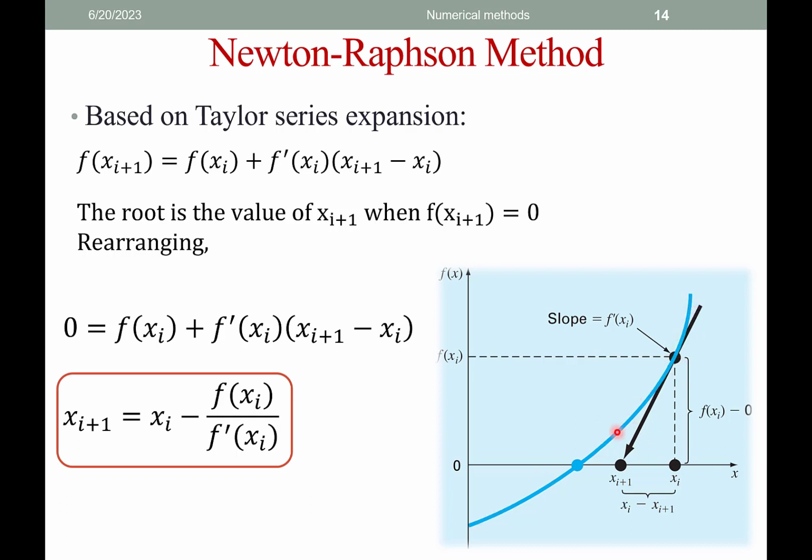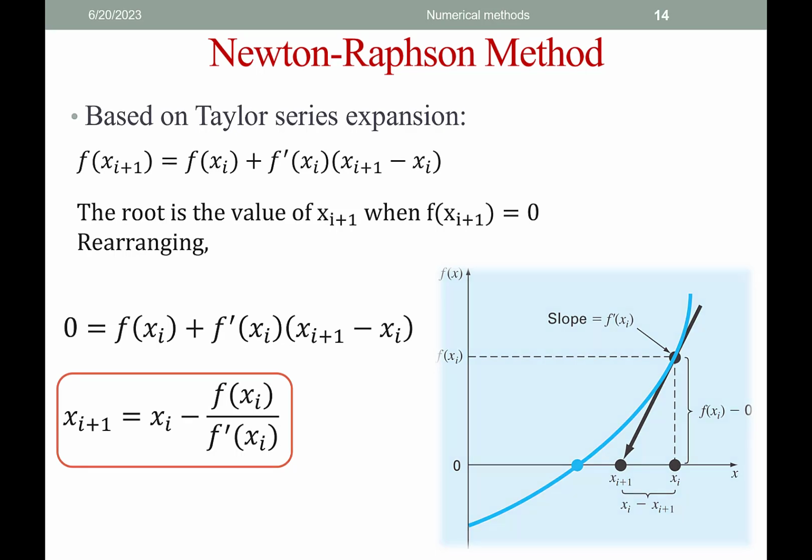The blue line is the function, and what we're doing is looking at the slope: where does the slope at that point intercept the x-axis? That would be the second guess. Then you draw a line again, draw a slope, and that would be your next guess.